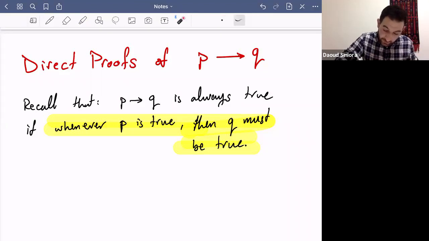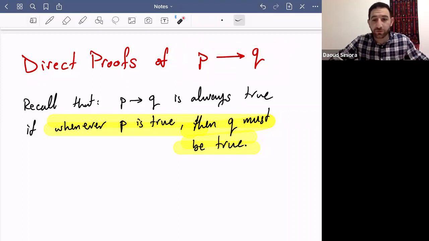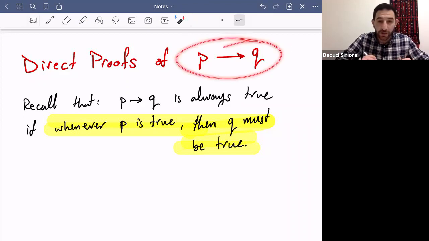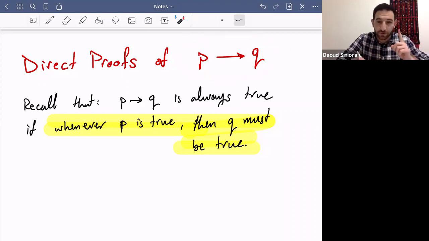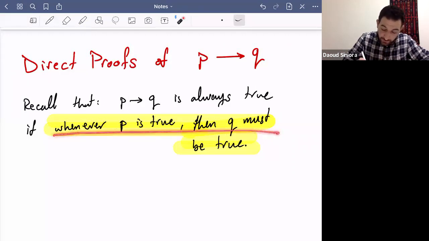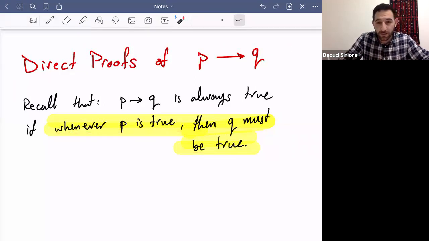Remember, we want to show that this conditional statement is true. Recall the truth table: it was false only in one case, when P is true and Q is false. Let me convince you that if we do this, we always get a true statement. P is a statement, it could be true or false.